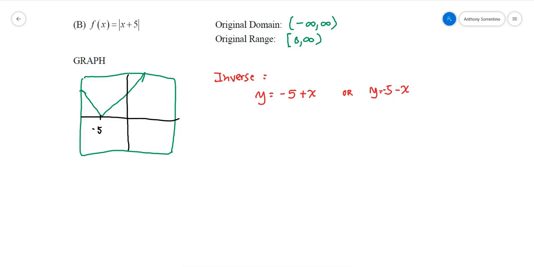If I find out what the ranges of these would be, remember on the inverse, this x here is the range of the original function. So I know on the inverse, the domain is x values that are 0 or more.